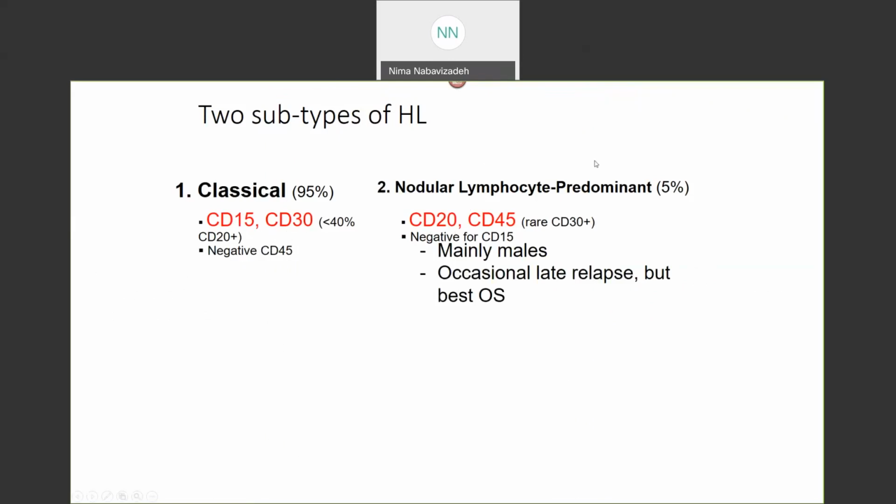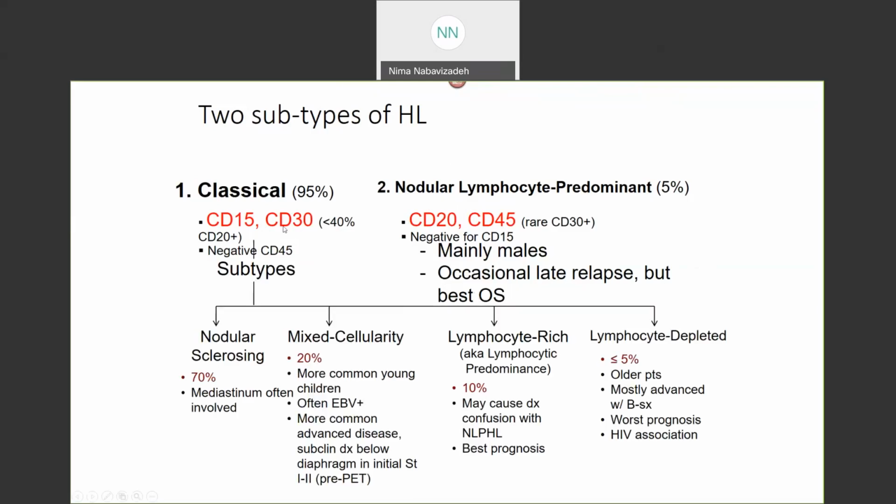For the non-classical lymphomas, they actually have immunohistochemistry more consistent with non-Hodgkin's lymphomas, yet they exhibit the Reed-Sternberg cells that make them pathognomonic for Hodgkin's. So this immunophenotype discrepancy is what separates these classical lymphomas from these non-classical Hodgkin's lymphomas.